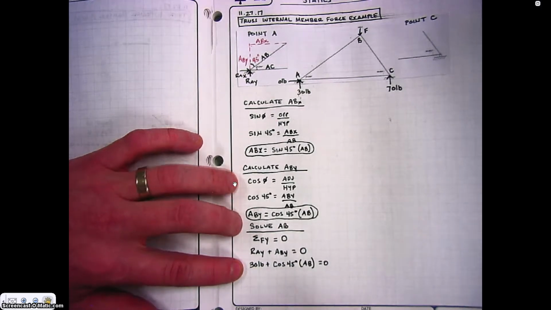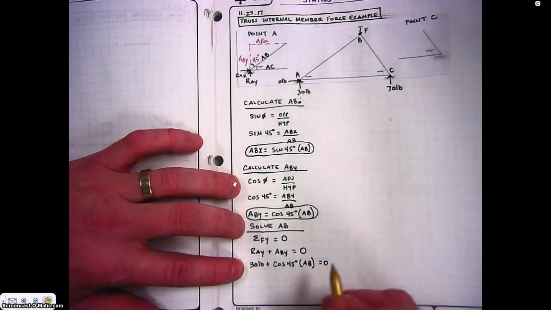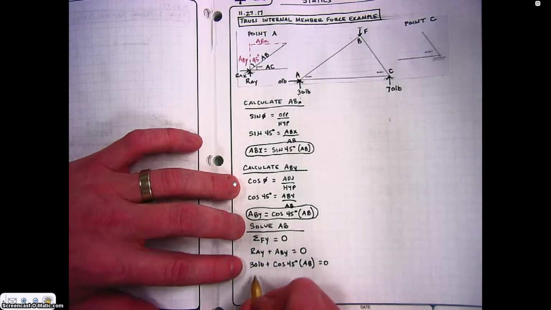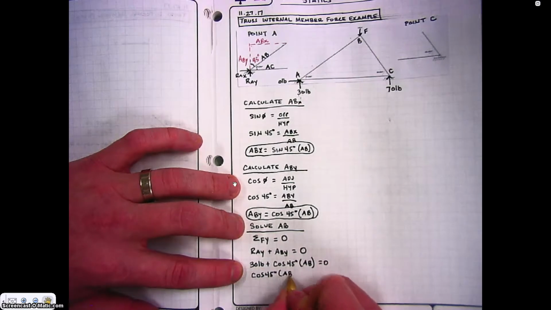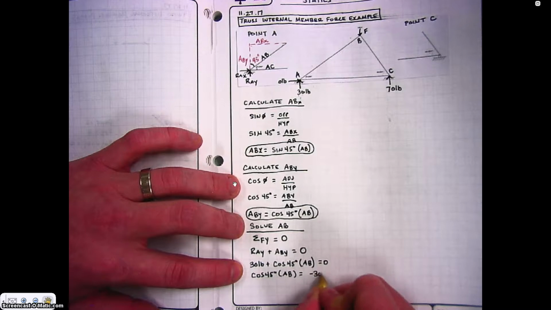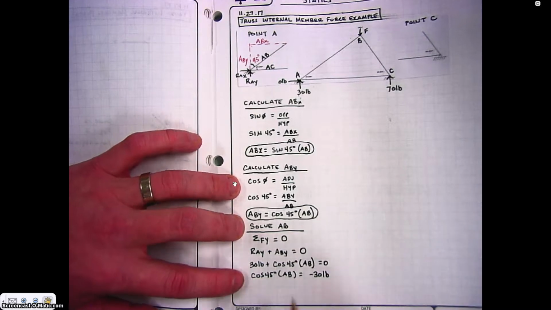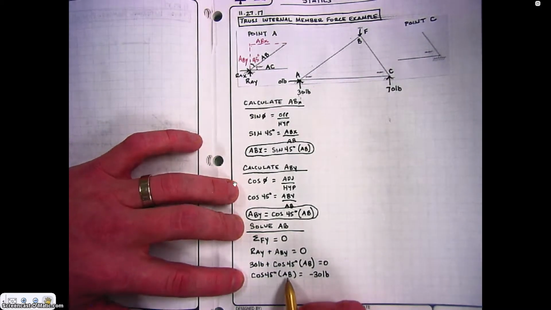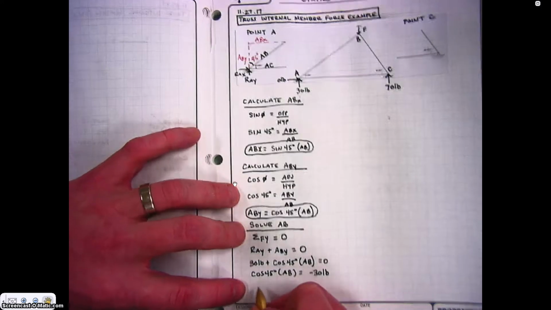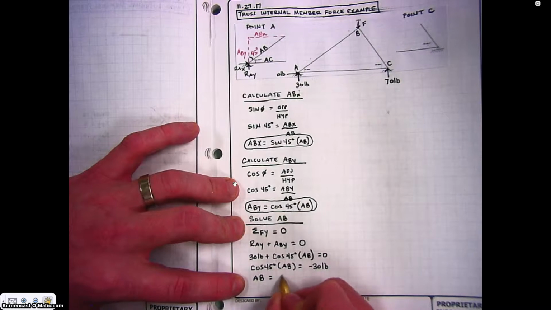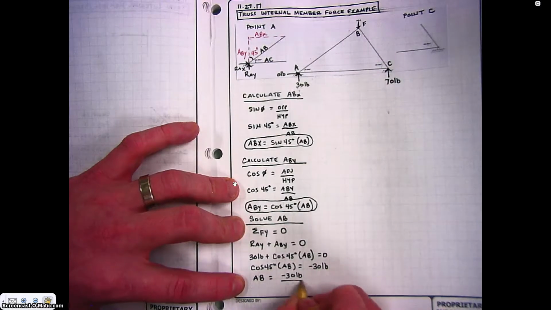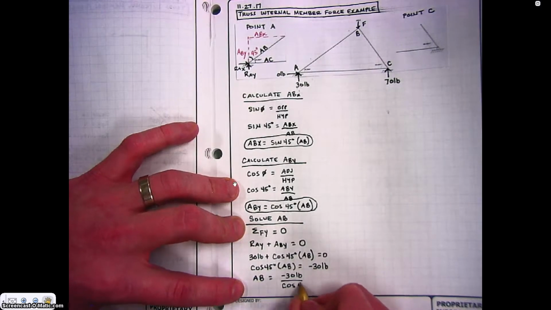And so now we need to get AB by itself. So I can subtract the 30 pounds from either side, and I get the cosine of 45 degrees times AB is equal to negative 30 pounds. I can then divide both sides by the cosine of 45 degrees, and I get AB is equal to negative 30 pounds divided by the cosine of 45 degrees.